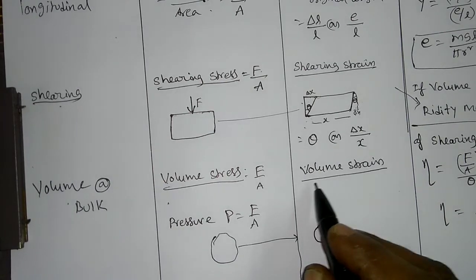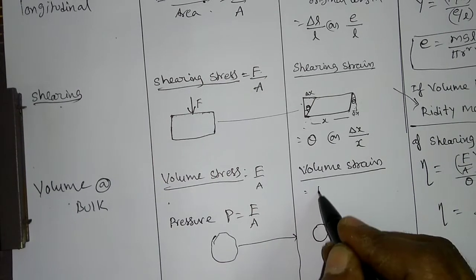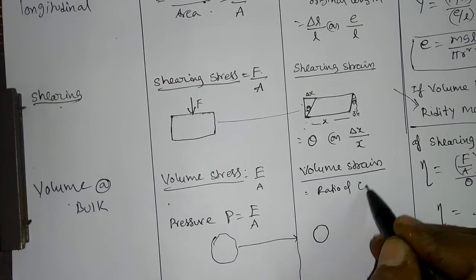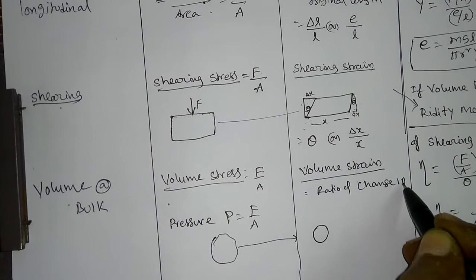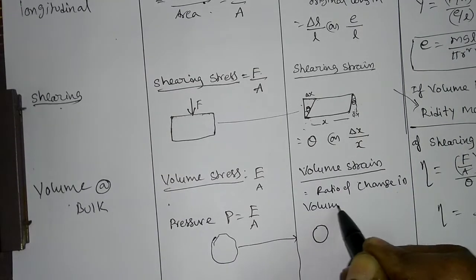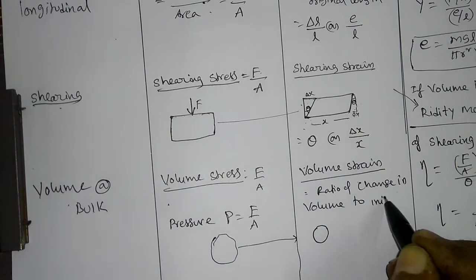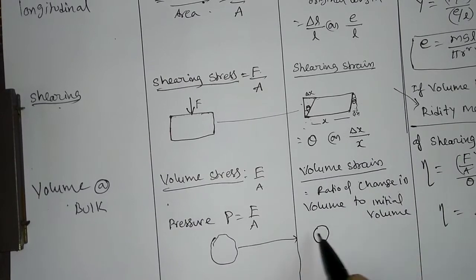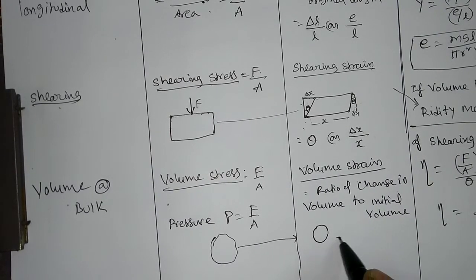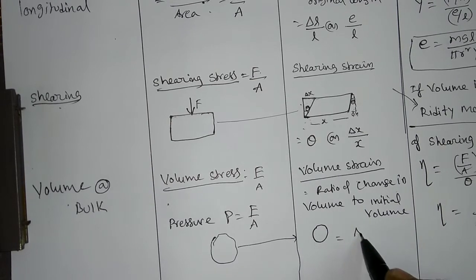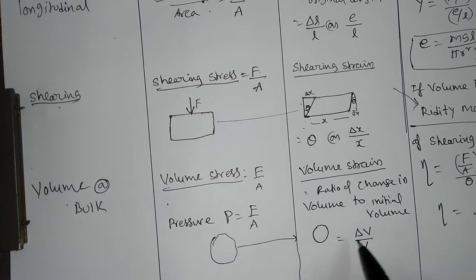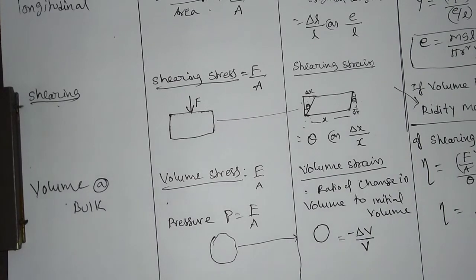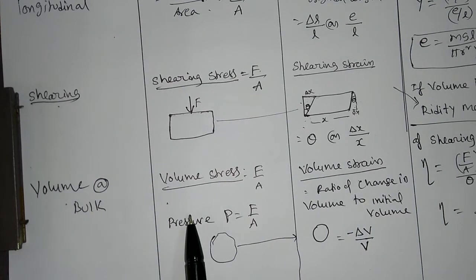The definition of volume strain is the ratio of change in volume to initial volume. Mathematically you can write delta V by V, and before that you put the minus sign. Negative indicates the decrease in the volume. So this is about the volume stress, and this is about the volume strain.